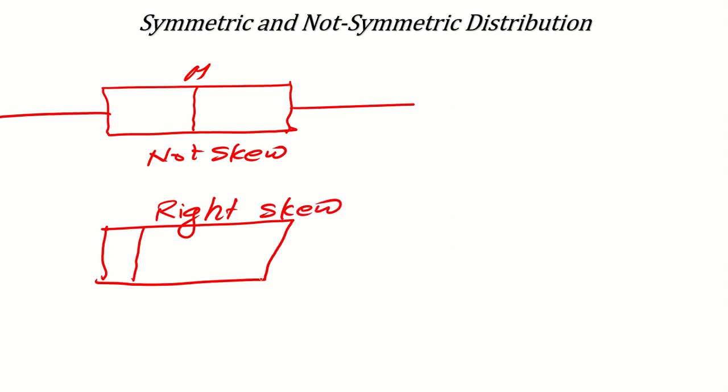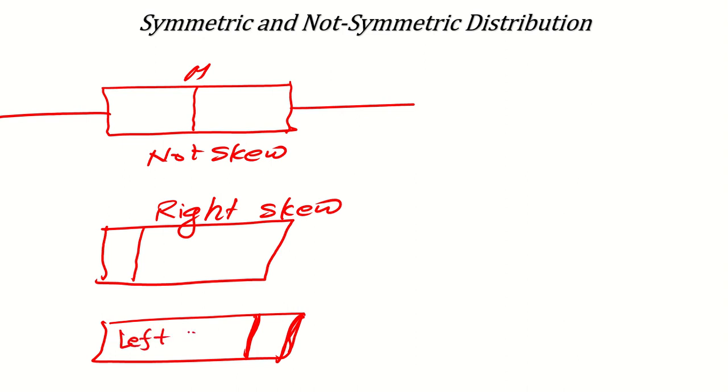It is just a simple question you may have in your exam, that which of the following graph represents left skew or right skew or symmetric. Okay, and if that median line is on the right, means third quartile, close to the third quartile, then this graph will be left skew. Okay, like this you can remember it, and I am sure this will be very easy for you.